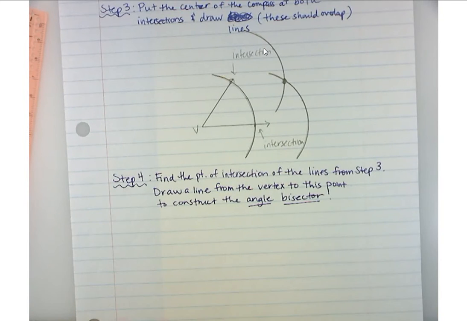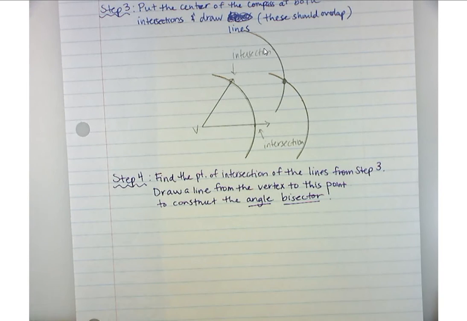Okay, so we're going to find the point of intersection of the lines from step 3. We're going to draw a line from the vertex to this point to construct the angle bisector.